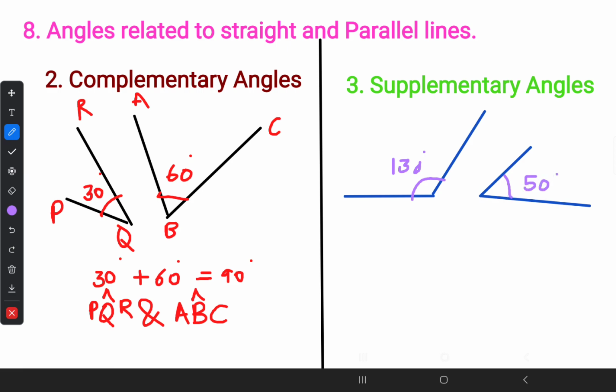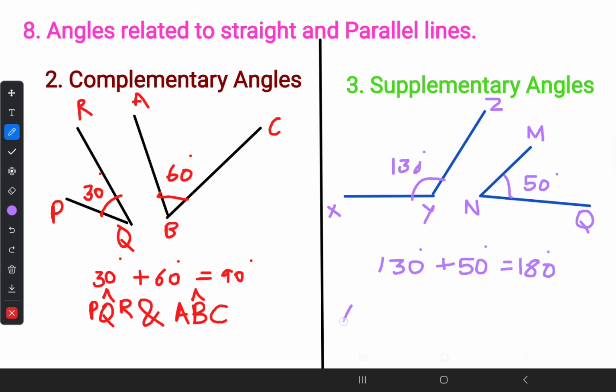When you add two individual angles, if the sum of those two angles gives you 180, those are supplementary angles. Here I'll name them as X, Y, Z, M, and Q. So 130 plus 50 equals 180.